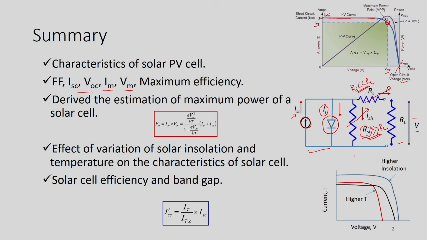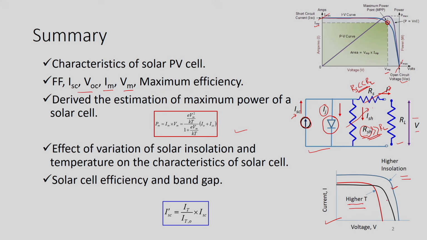That has been done in the last class, and also we have studied the effect of variation of solar radiation and temperature on the characteristics of a solar cell. As you can see in this IV characteristics plot, the red line shows the curve at higher temperature, and this curve is at higher insolation.